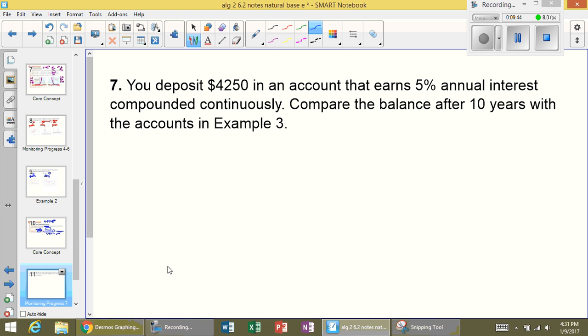So this is something we don't have, so we can't do this part. But you deposit $4,250 in an account that earns 5% compounded, again, continuously. And continuously is the word that we needed to know, so that this was going to be the formula PERT.